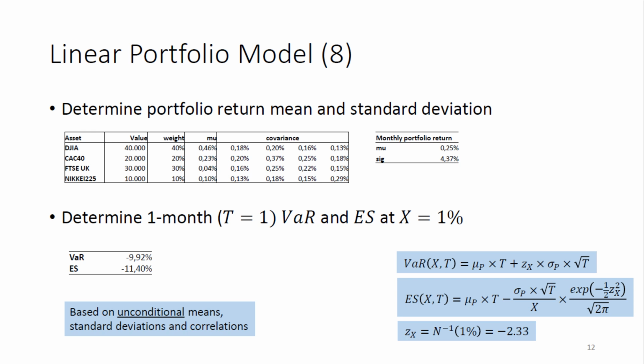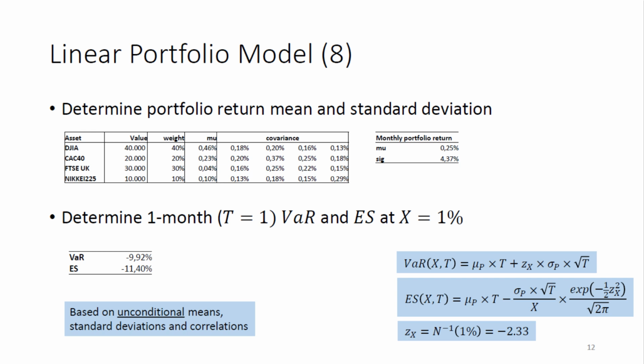So once more, these two risk measures, the minus 9.92% and the minus 11.4% for the value at risk and the expected shortfall on a 1-month basis, are based on unconditional means, standard deviations and correlations. So it's the parameters that we put in for the market variables that also determine what kind of risk measures we get out.